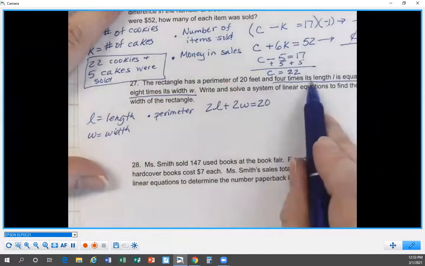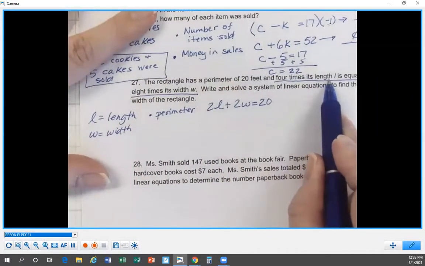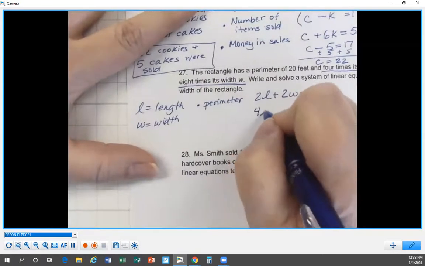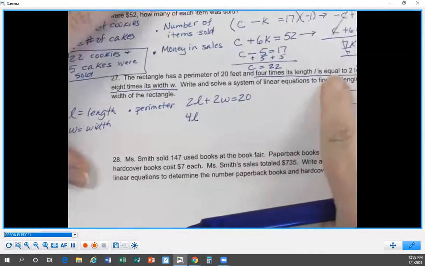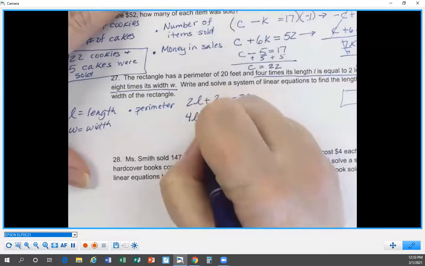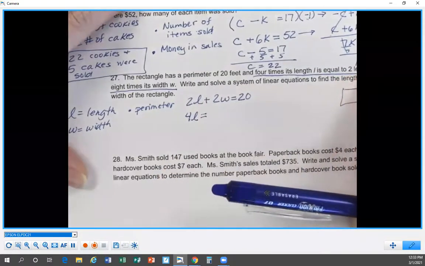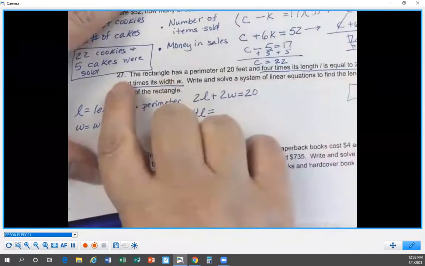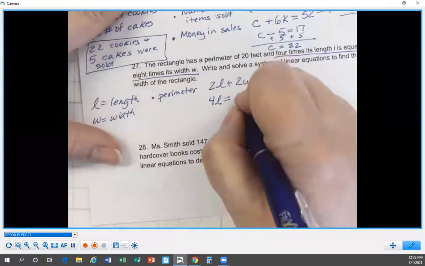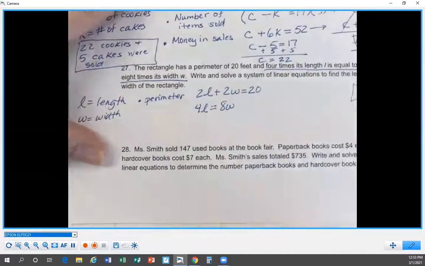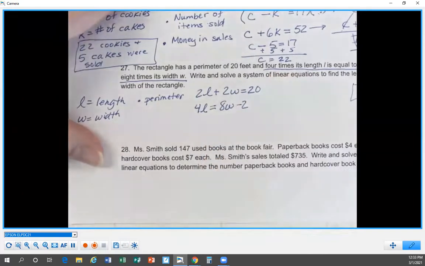Okay, so 4 times the length, so 4L equals 2 less than what? 2 less than 8 times the width. So I have to start off with 8 times the width and then take away 2. So that was this equation.